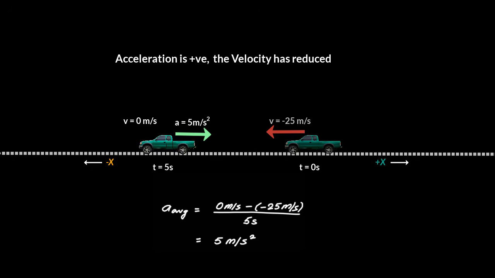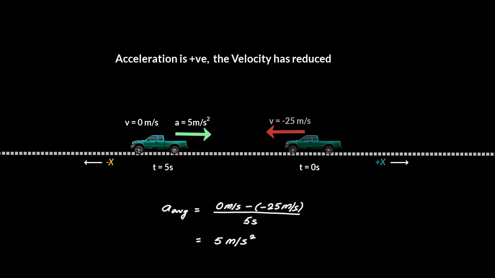Again, you can use common sense and visualize that if the direction of acceleration was in minus x direction, instead of this that has been calculated, the car would have never stopped. It would have kept moving and increasing in velocity. So the acceleration had to act in the opposite direction to reduce the velocity of the car, and that is exactly what happened here in our calculation.